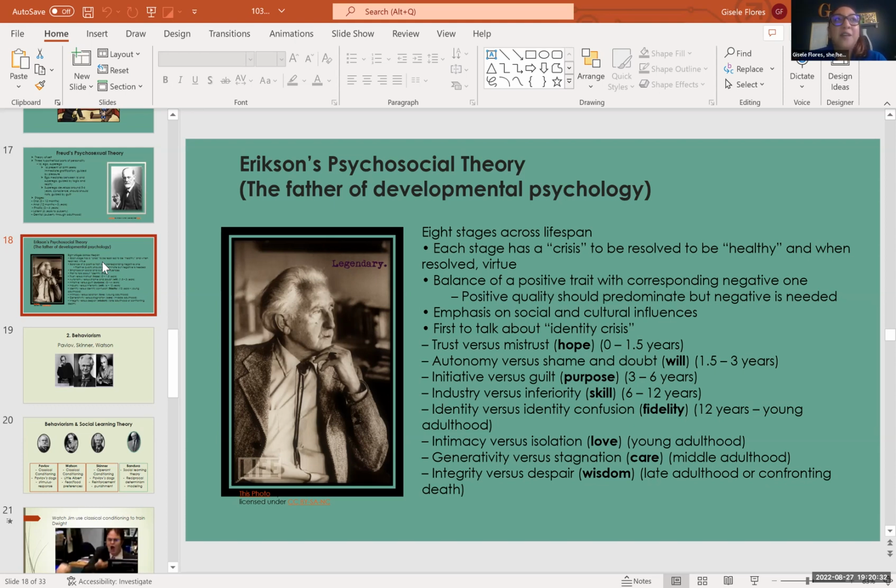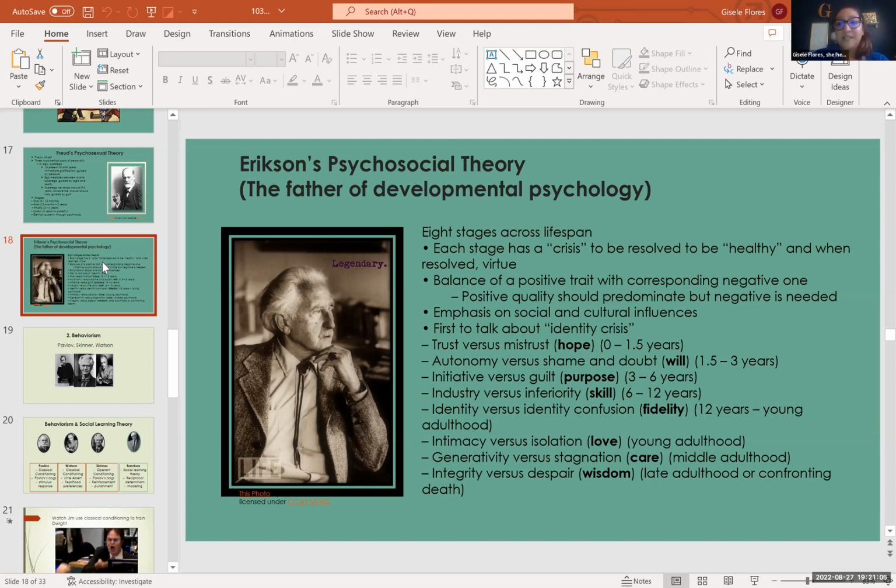It's interesting doing this lecture now, after 2.5 years in the pandemic, and seeing how much the isolation that people have experienced in COVID has affected this stage of Erikson's development. The isolation has really impacted feelings of loneliness, feelings of worth, feelings of anxiety.